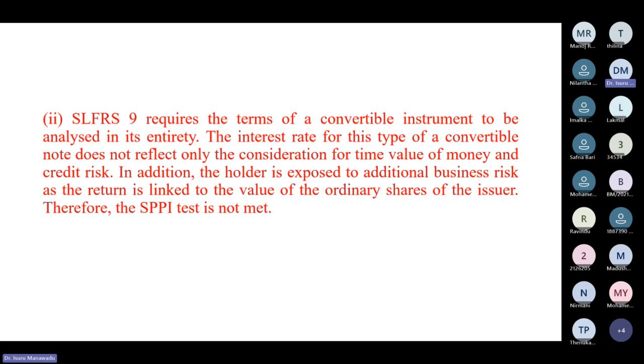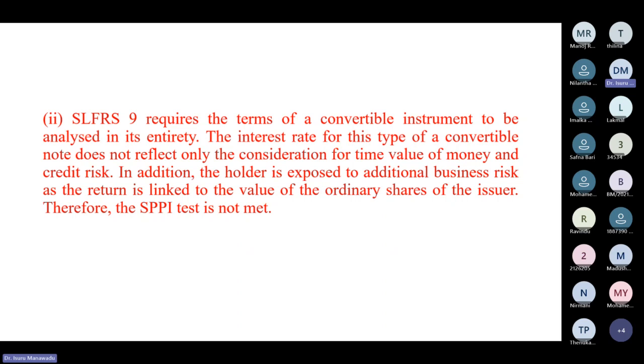Compound instruments, right? The interest rate for this type of convertible note does not reflect only the consideration for the time value of money and the credit risk. That's only one thing.